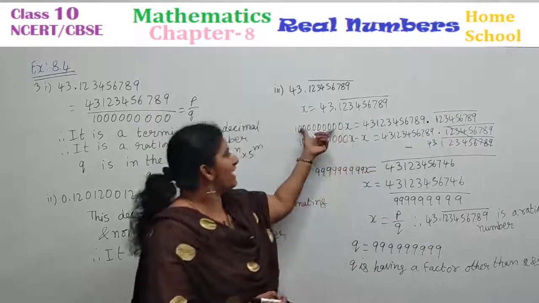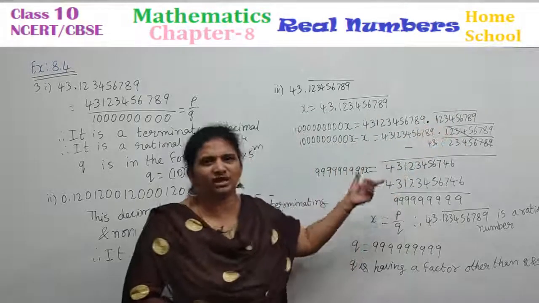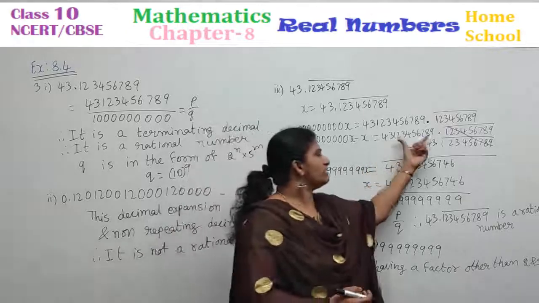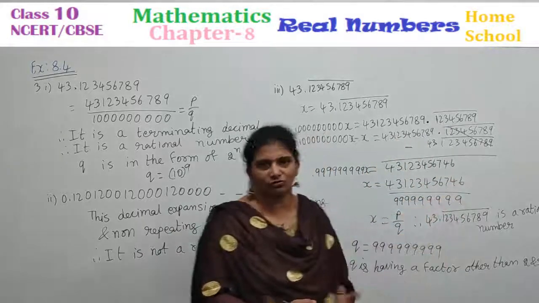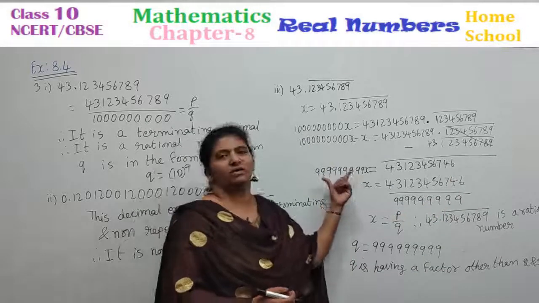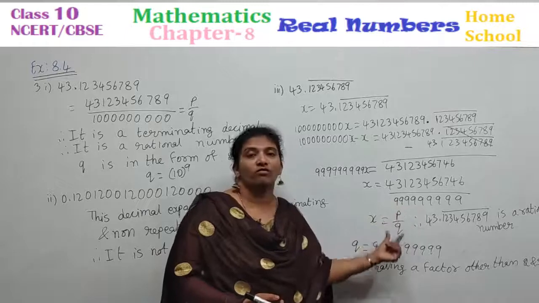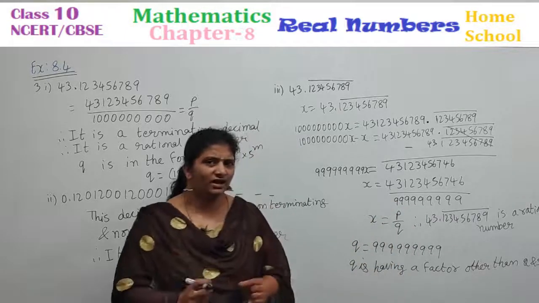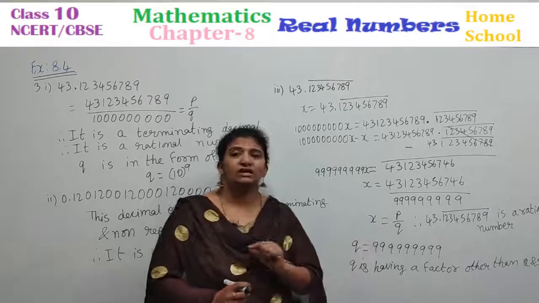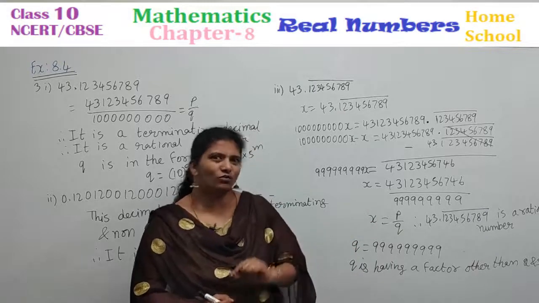So when you are subtracting this and this, these two will be cancelled, meaning it becomes 0. Now if you subtract these, you are going to get 4, 3, 1, 2, 3, 4, 5, 6, 7, 4, 6. And this multiple, if it goes to the other side, divide. Now it is in the form of P by Q, where you can just say here that Q's prime factor is other than 2 and 5.